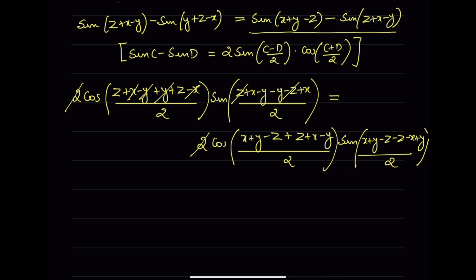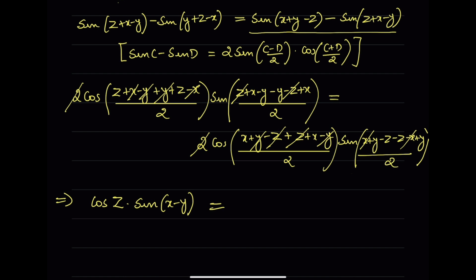Now on the right hand side we can cancel y and minus y, and minus z and z, and in the last term we can only cancel out x. So after simplification we would have cos z multiplied by sine of 2x minus 2y divided by 2, that will be x minus y. This is the left hand side.